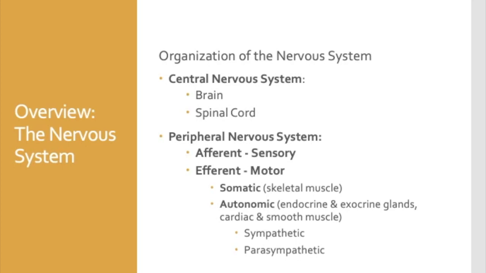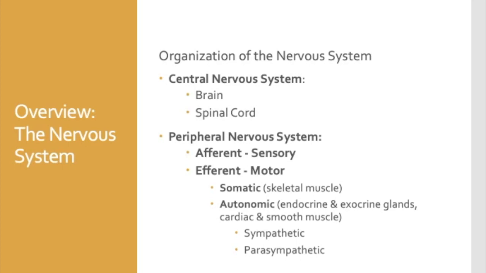Efferent is motor, and those are the pathways traveling away from the central nervous system. You'll notice that when we discuss the efferent or motor pathways in the peripheral nervous system, we can describe more subdivisions. We can describe the somatic efferent motor pathways and the autonomic efferent or motor pathways.